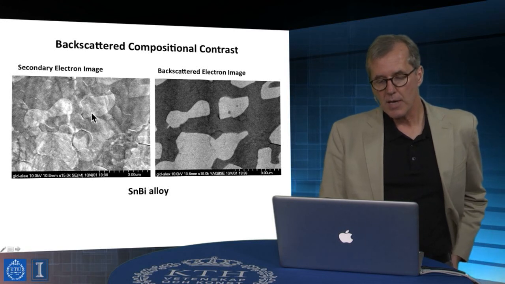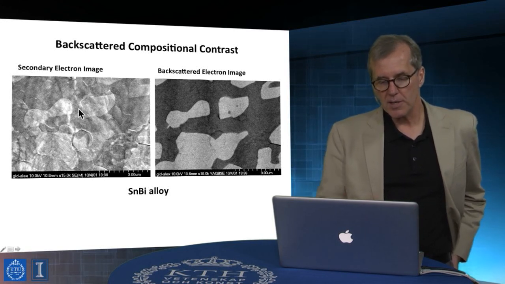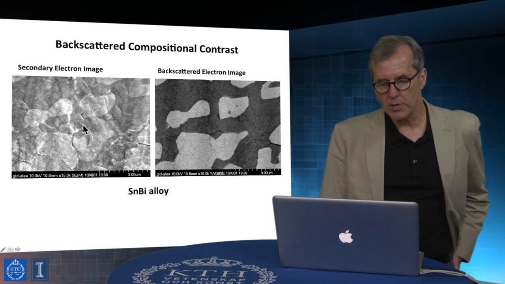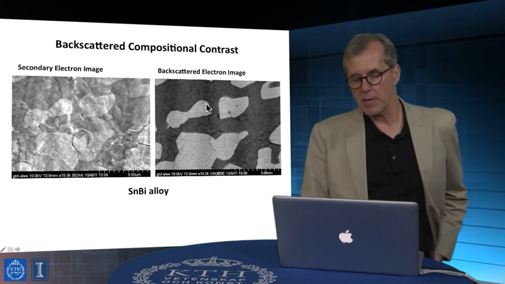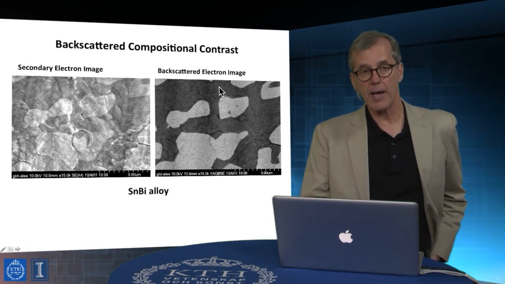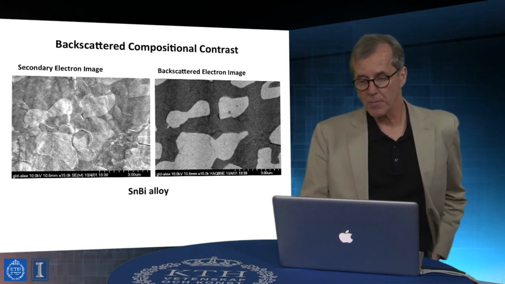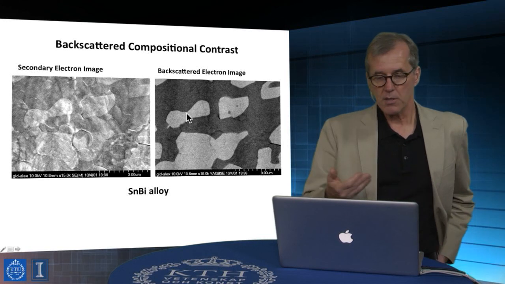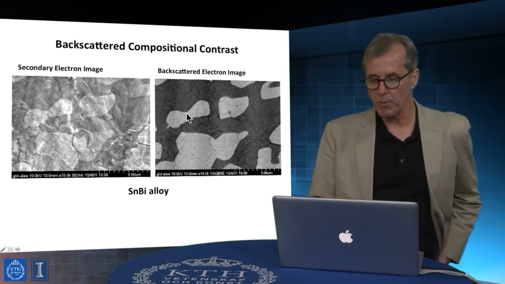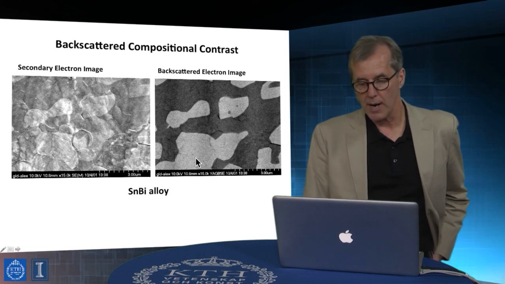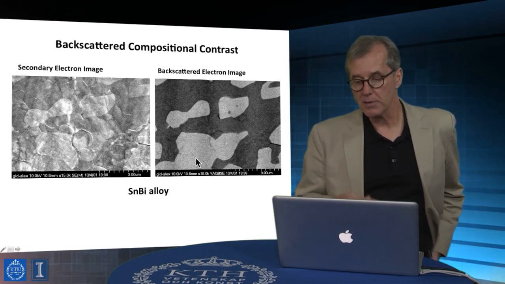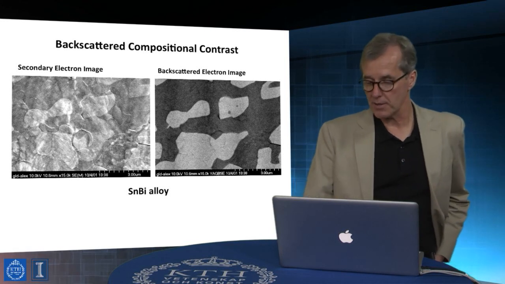Even with that, we notice within it splotches, where we have bright regions and darker regions. When we look at the image constructed using the backscattered electron detector, these dark and light textures are very pronounced. And it turns out that this is reporting on the elemental content present in the image.